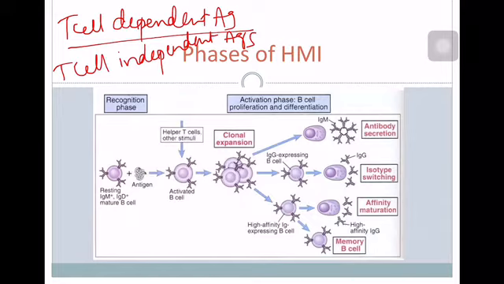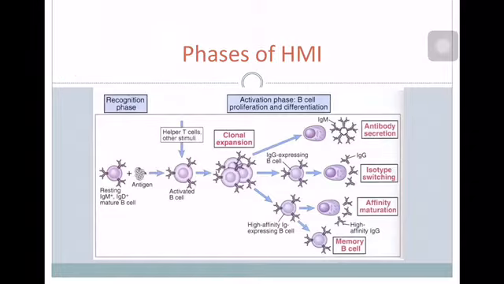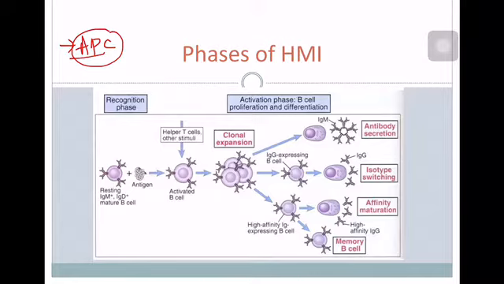T cells. For the T cell dependent antigens, the first step is antigen processing and presentation. The antigen is first captured by the antigen presenting cells, processed, and expressed on the surface of the antigen presenting cells along with MHC2.